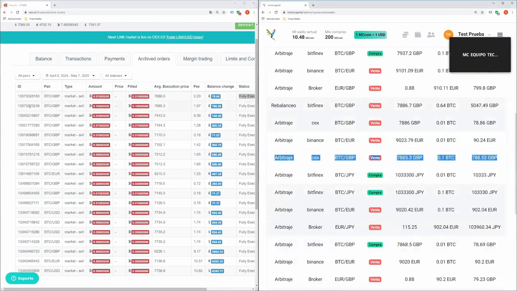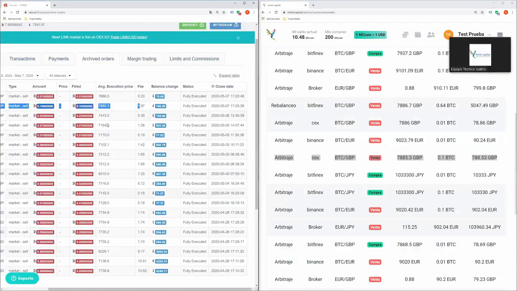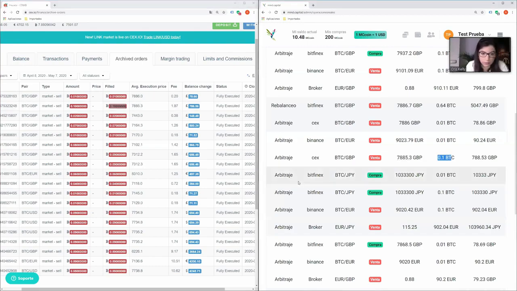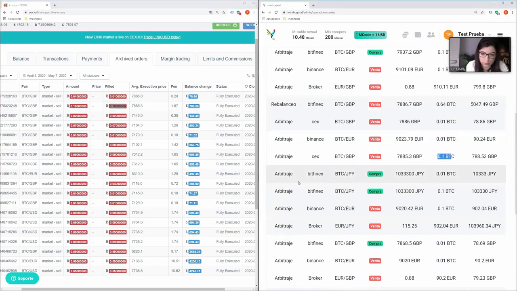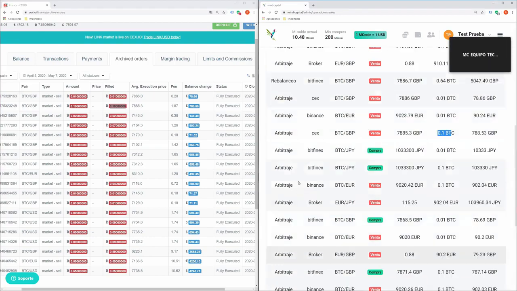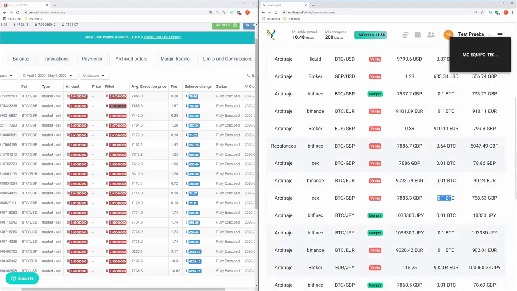I think it's this one. The price was this, in GBP, and the amount is this. I'm going to look if I have another one in this screen. No, there isn't any.